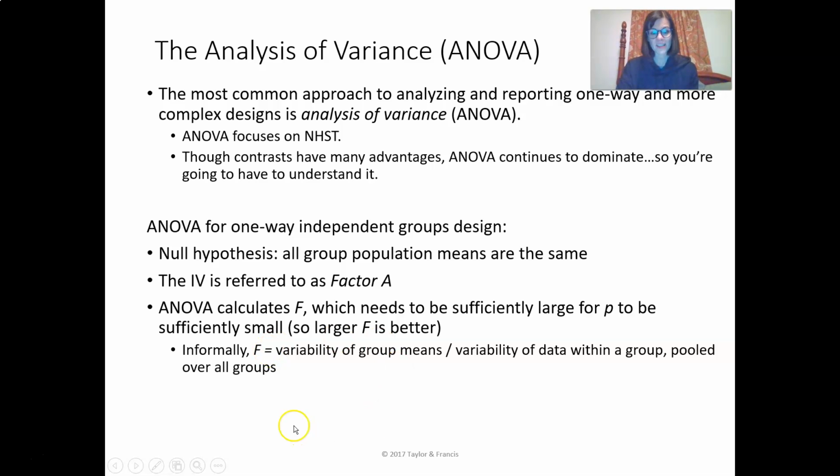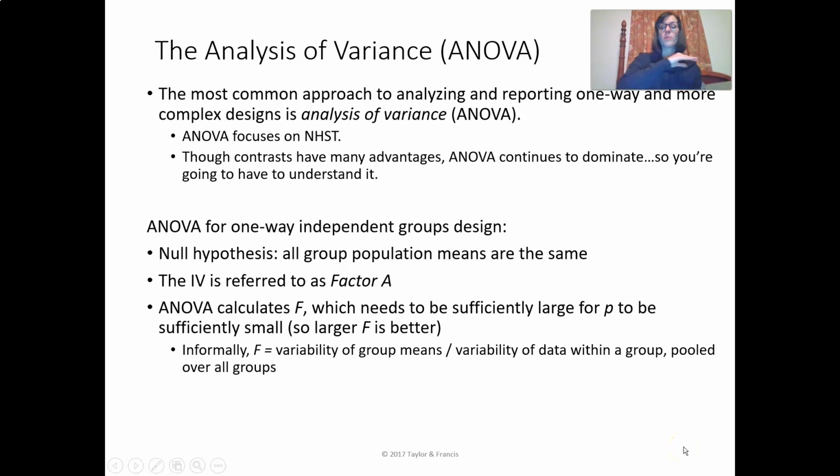Informally. Now, technically, the F statistic is made up of what we call our mean squares between over our mean squares within. Now, what does that mean? It's basically put like this. The variability between groups or conditions needs to be larger than the variability of the data within a group pooled over all groups.